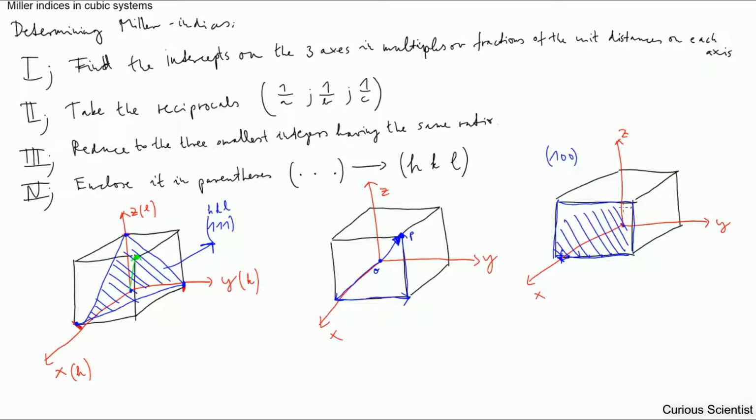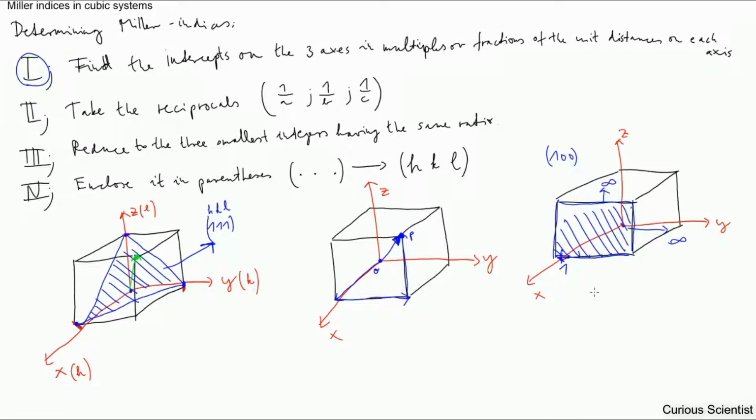So this is the 1, 0, 0 plane, and if you see the intersections, then in X direction we intersect at the position 1, but in the Y direction we intersect in the infinite, and then in Z direction we also in infinite. And then so we find the 3 intercepts, so we go back to rule number 1.